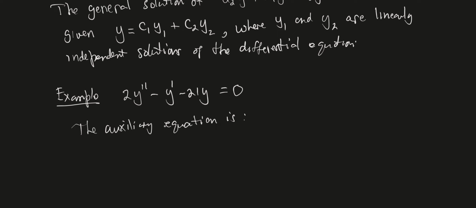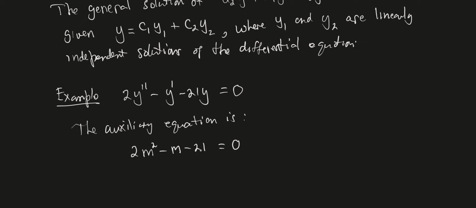You can use anything. Don't use x, don't use y, but I'm just going to consistently use m. So it's 2m squared minus m minus 21 equals 0. And then our goal is to solve this, to figure out what m can be.